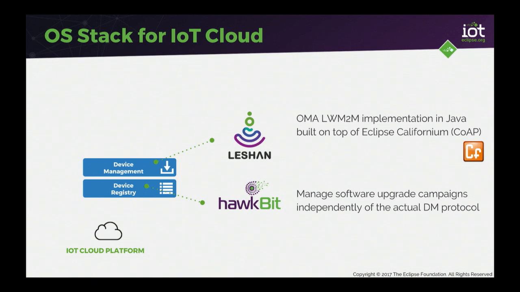With Eclipse Wakaama, you have a very lightweight implementation of lightweight M2M that you're going to put in your microcontrollers. With Eclipse Leshan, you have the server-side counterpart of Wakaama that's going to be what the devices are going to be talking to, right?